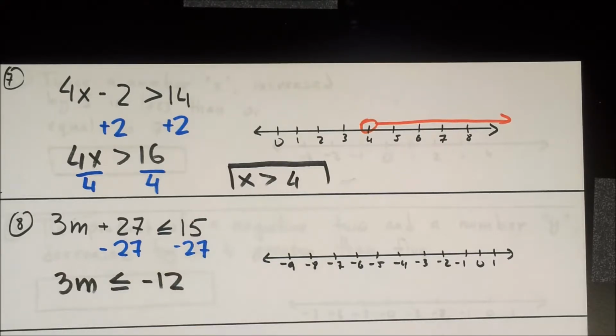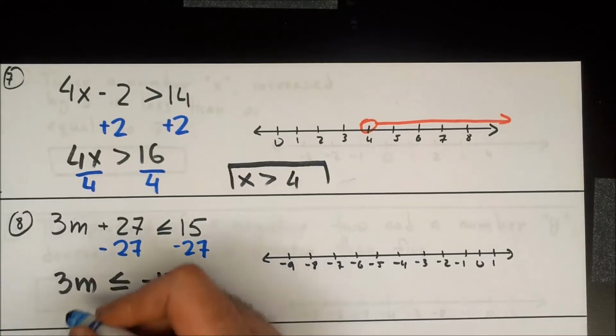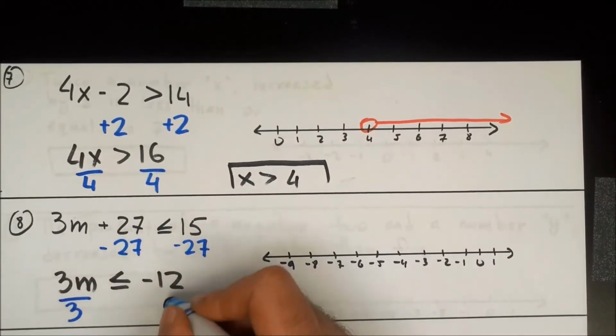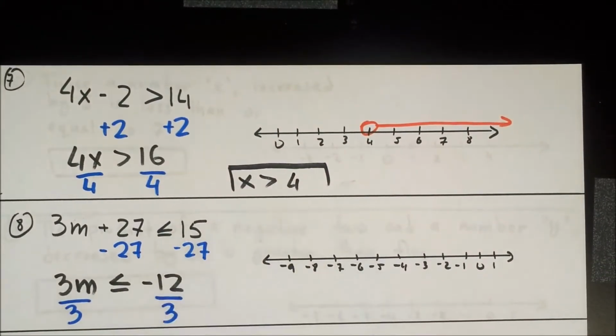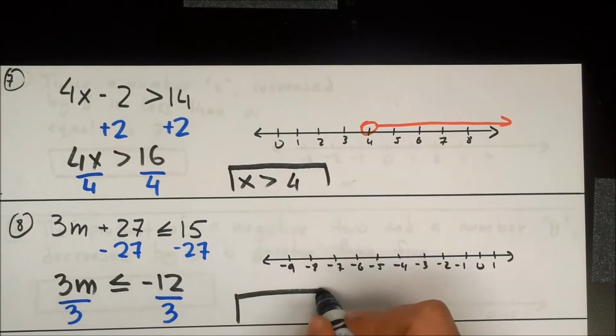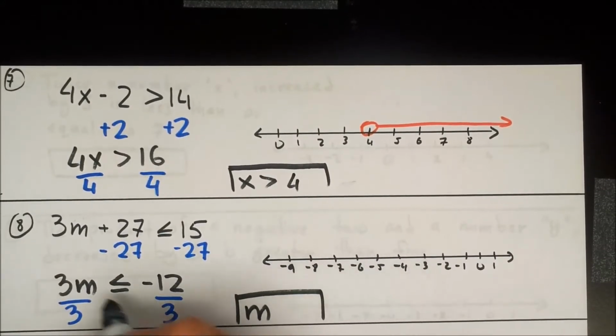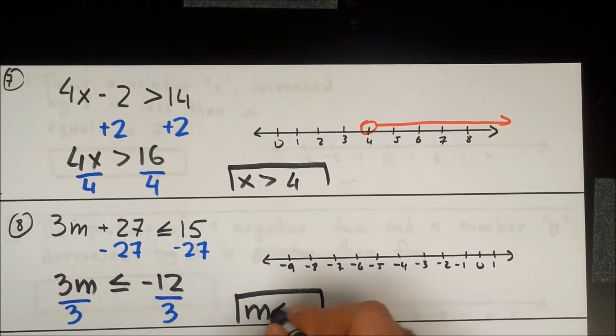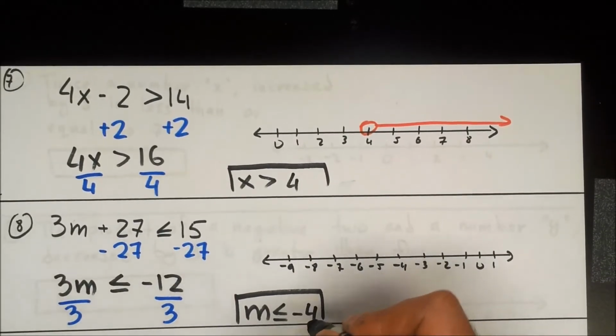All right, then I've got to simply get rid of this multiplied by 3 by dividing by 3 on both sides. And since I'm dividing by a positive number, that rule does not kick in. Nothing flips, nothing changes. Which means m is still less than or equal to negative 12 divided by 3, which is negative 4.